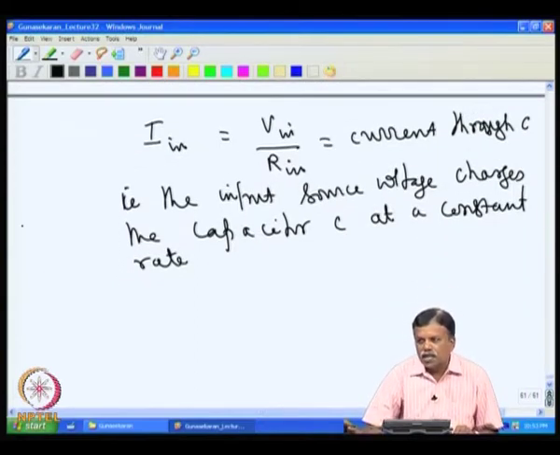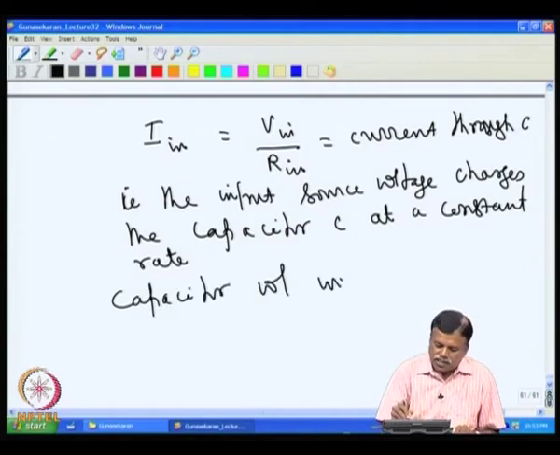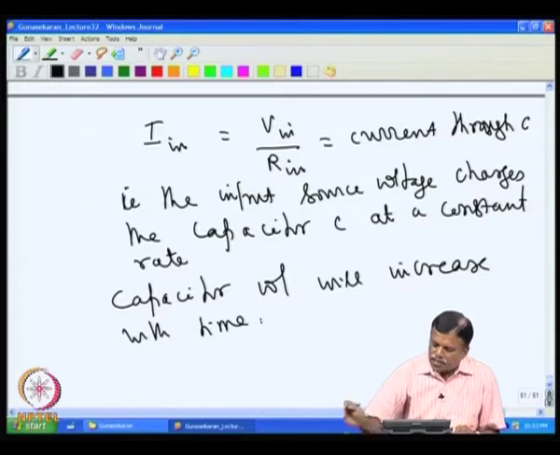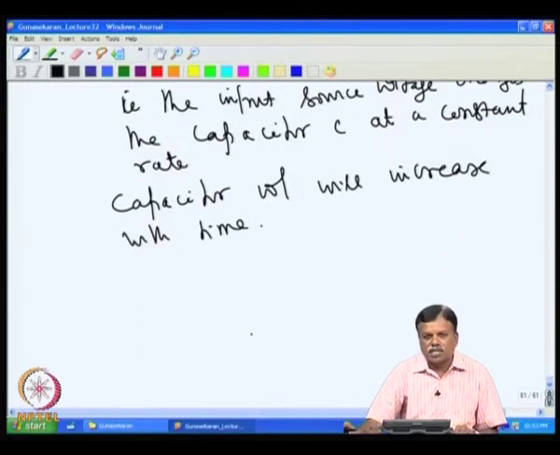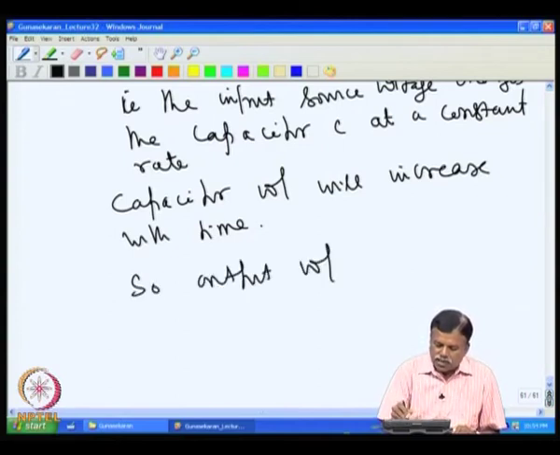We should know at the end of the time what the capacitor voltage will be. The capacitor voltage will increase with time, and the capacitor voltage is the same as the output voltage. So the output voltage is equal to the capacitor voltage.